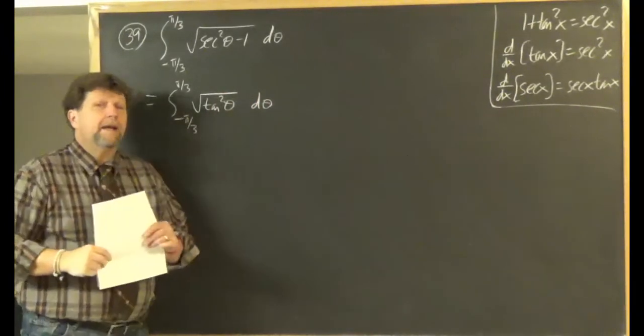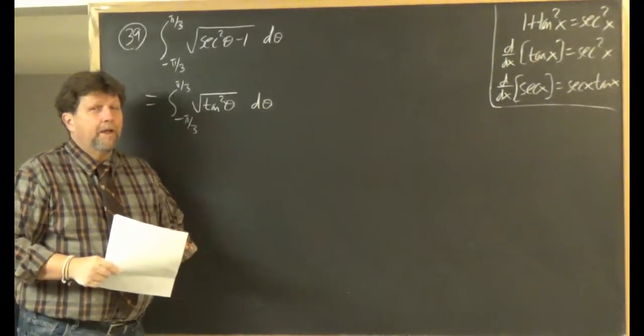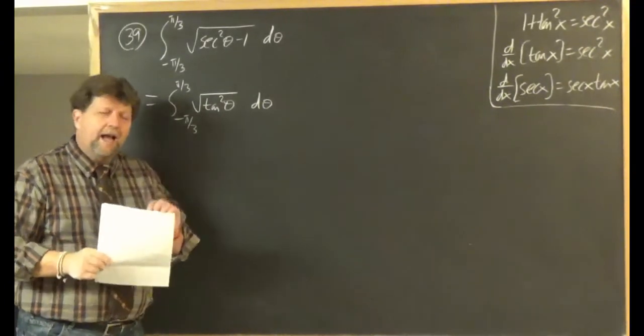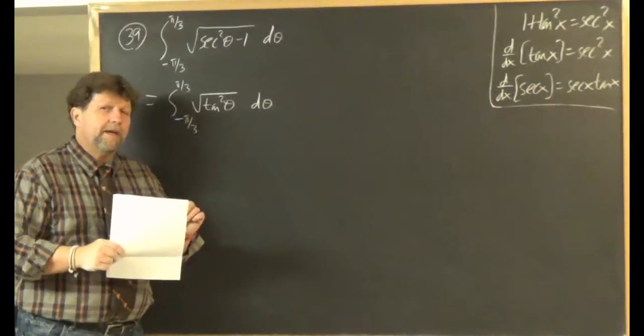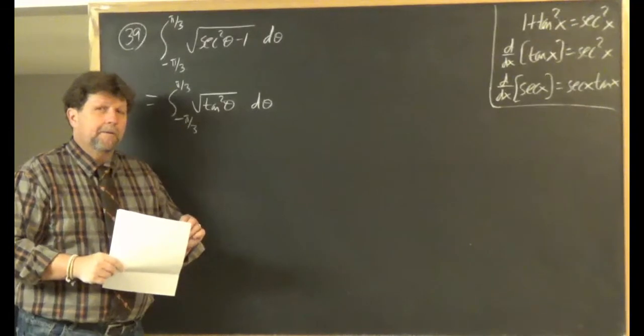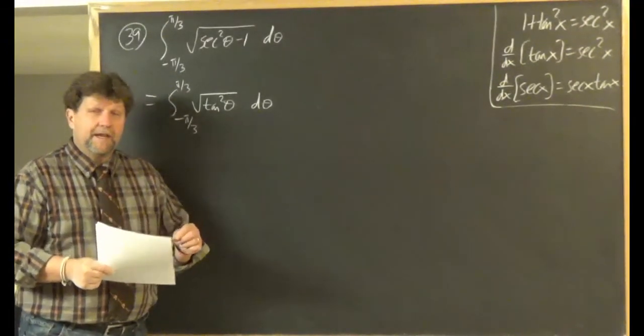Hopefully you said, oh boy, I have to be concerned here. The square root of tangent squared does not equal tangent on the interval negative pi over 3 to pi over 3. It would equal absolute value of tangent theta.